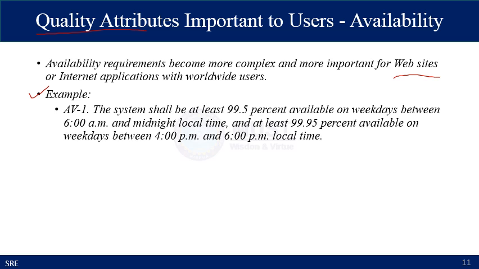So, for example, in the availability case, the system shall be at least 99.5% available on weekdays between 6 a.m. and midnight local time and at least 99.9% available on weekdays between 4 p.m. and 6 p.m. This provides you a measure to achieve your quality attribute, and if your system is meeting these measures, you can say your system has met the availability quality attribute.